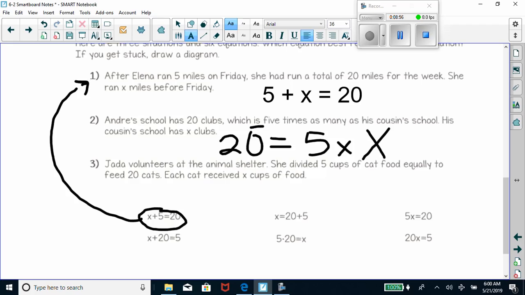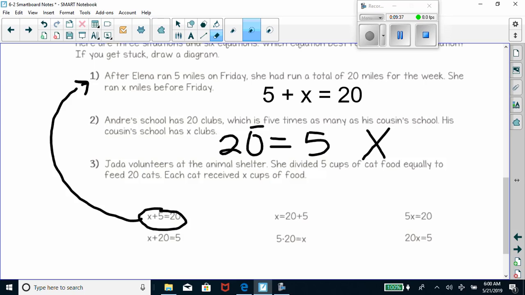And this is a perfect illustration of why we move away from using an X to represent multiplication, because if I use it, I get 5xx, and that's sort of confusing. So again, this is why we move to either using the dot as a symbol for multiplication, or just using juxtaposition, which is where we just put the number right next to the variable and know that the multiplication is implied. So actually I could just write this as 5x, 20 equals 5x.